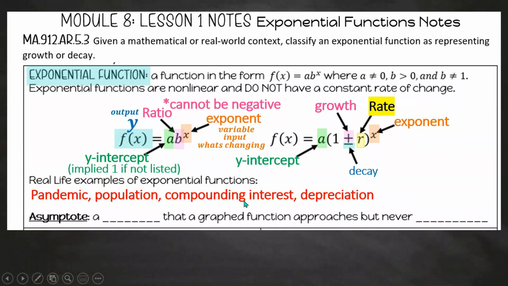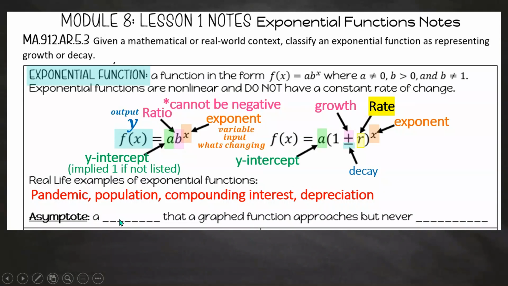If they have a bank account or even a credit card account, you can earn or lose money compoundingly with compound interest. And then we have depreciation. An example of that would be buying a brand new car. As soon as you drive it off the lot, the value of that car has decreased. So it's depreciating at an exponential rate.